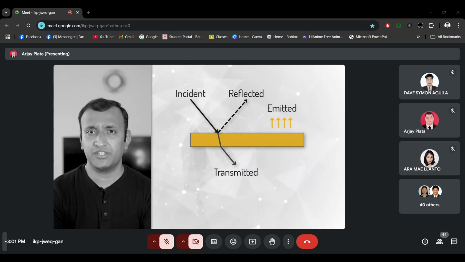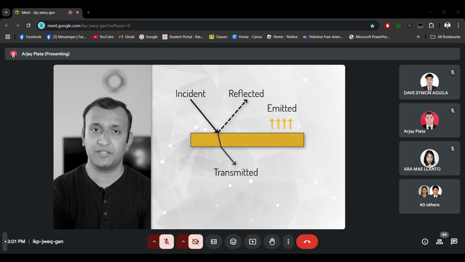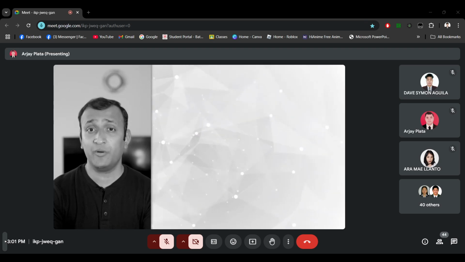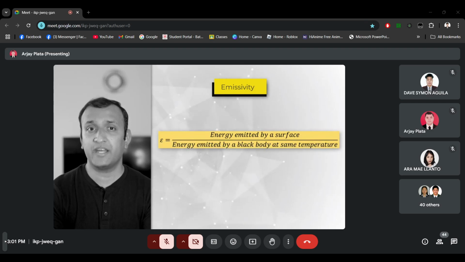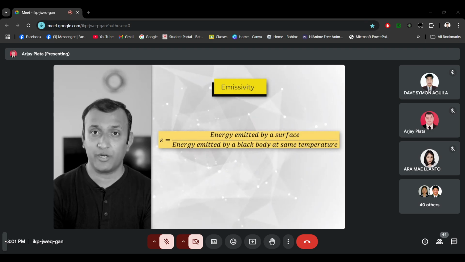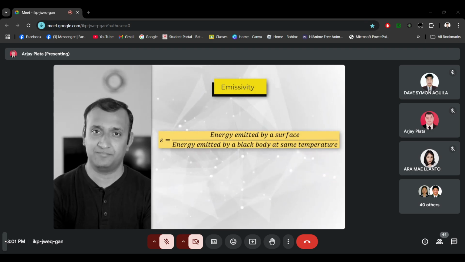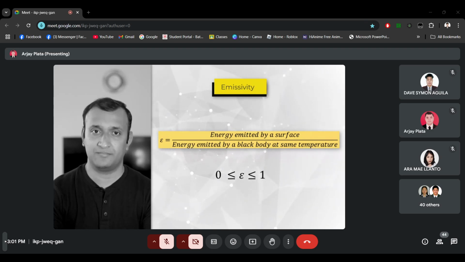Depending on how much energy is entering and leaving the surface, it may be gaining or losing energy. The property of a surface that defines how much energy is emitted by a surface is emissivity, which is defined as the ratio of the energy emitted by a surface to the energy emitted by a black body at the same temperature. Therefore, it has a value between 0 and 1.